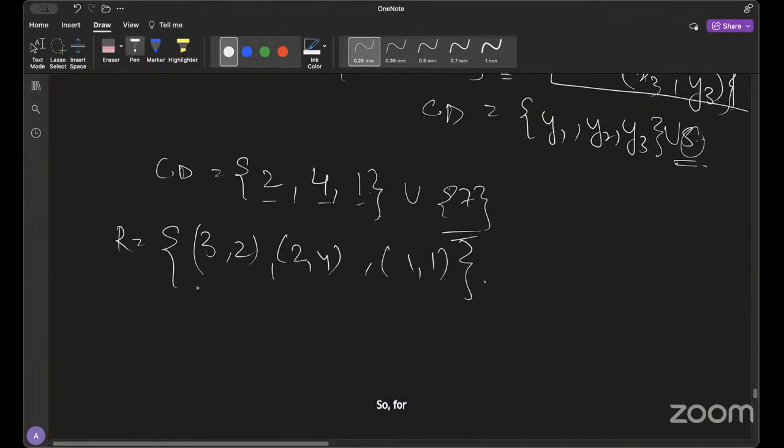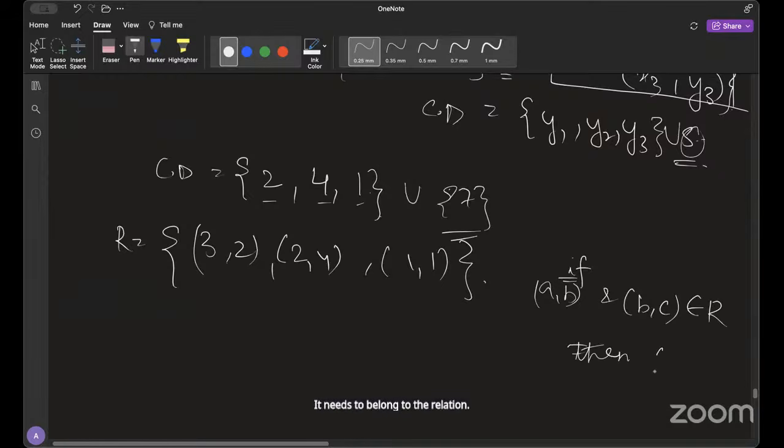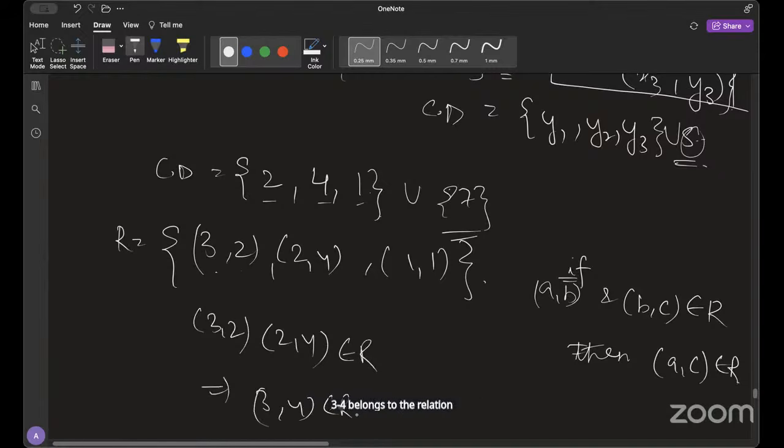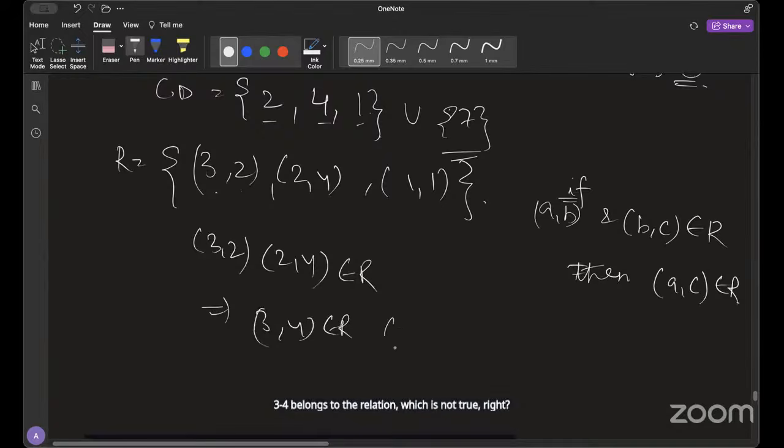For this to be a transitive relation, if (A,B) and (B,C) both belong to the relation, then (A,C) should belong to the relation. Because (3,2) is a point and (2,4) is also a point that belongs to the relation, this should have meant that (3,4) belongs to the relation, which is not true. That's why it's not transitive.